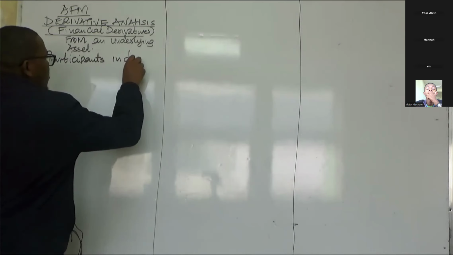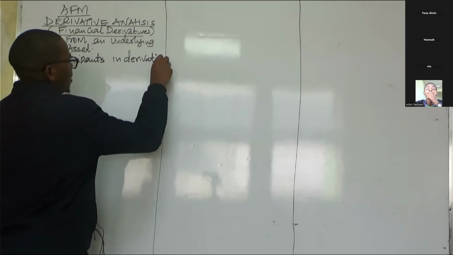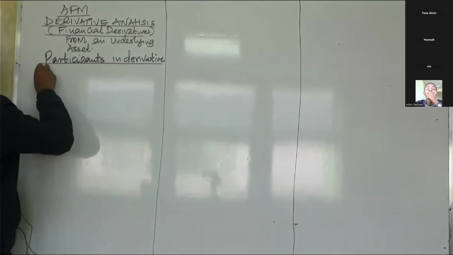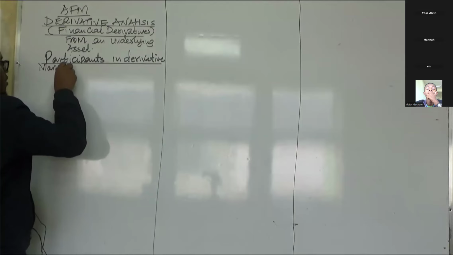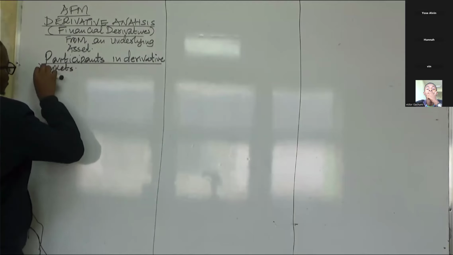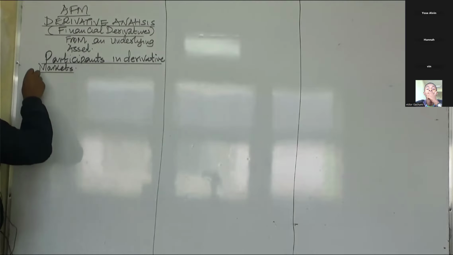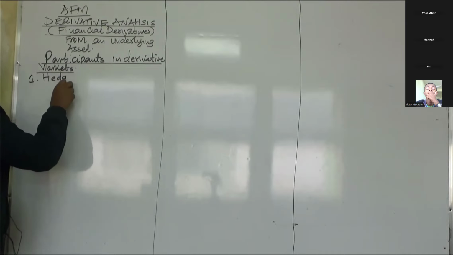Now we can talk of the participants in derivative markets. We begin with the agents.